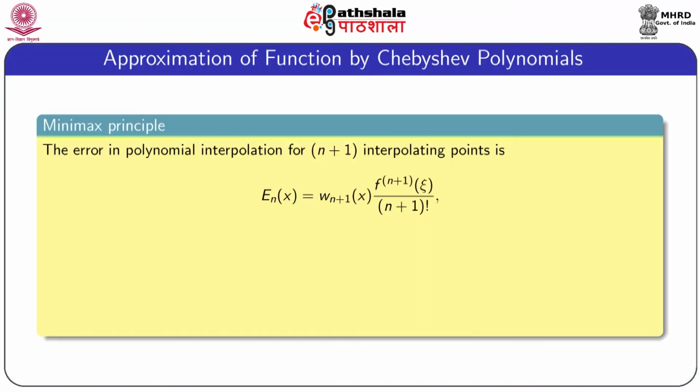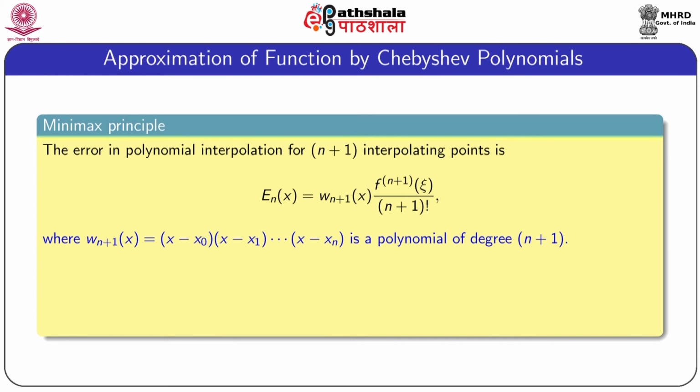In chapter 2, we have shown that the error in polynomial interpolation for n plus 1 interpolating points is En(x) equal to W(n+1)(x) into the (n+1)th derivative of the function f at the point xi divided by factorial (n+1), where W(n+1)(x) is a polynomial of degree n plus 1 which is equal to (x minus x0) into (x minus x1) up to (x minus xn).